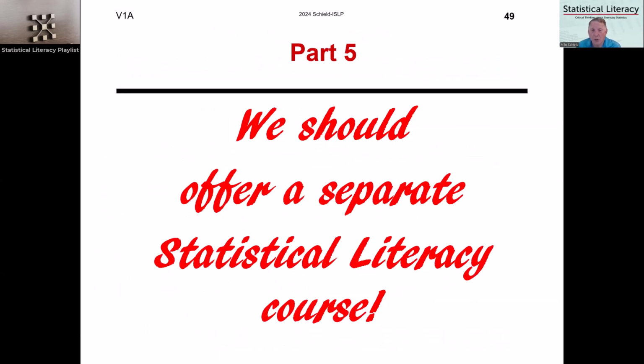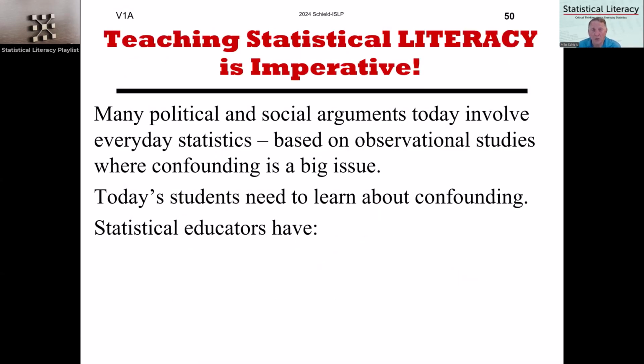Part 5, we should offer a statistical literacy course. Why? It's imperative. Many, if not most, political and social arguments today involve everyday statistics based on observational studies. Confounding is a big issue.